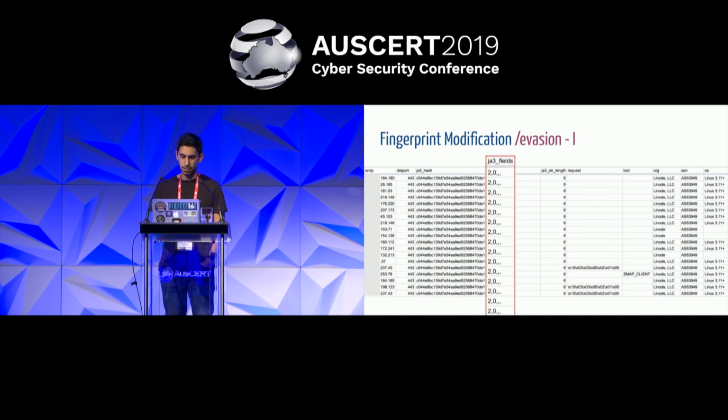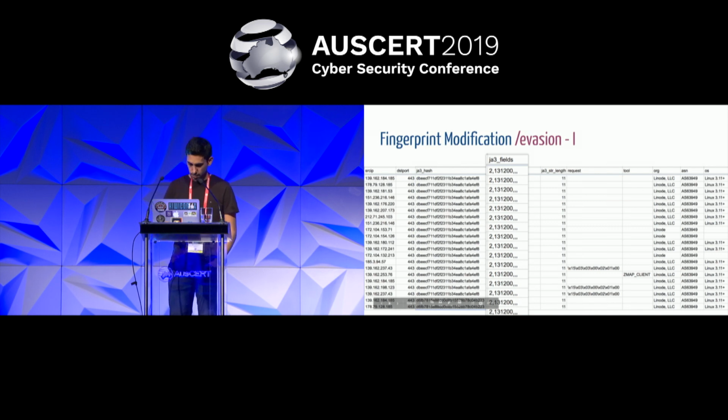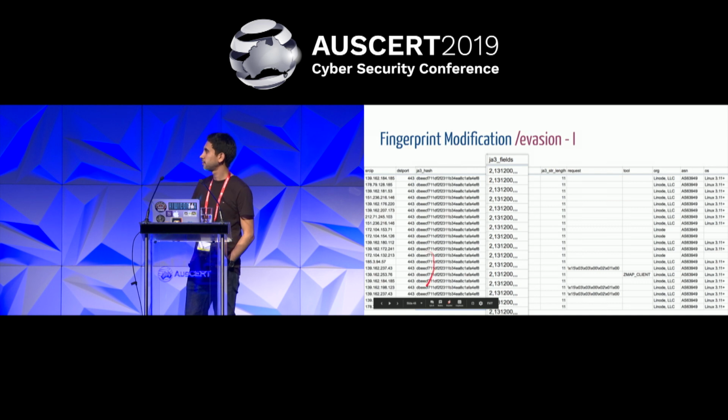Here's one of the TLS fingerprinting evasion attempts. You can see here the Geo tree field is a bit weird. It's too short. Can you see here the Geo trees?